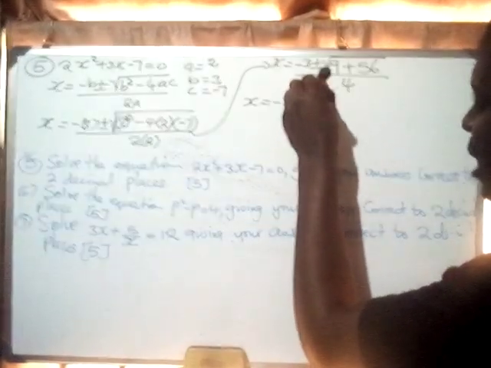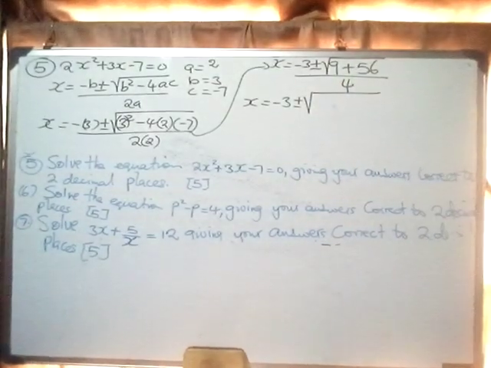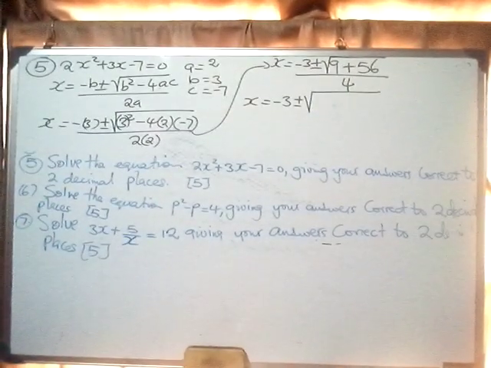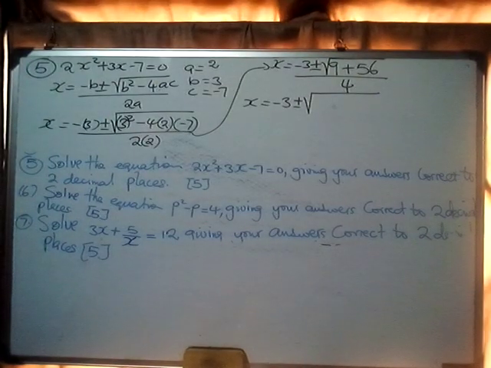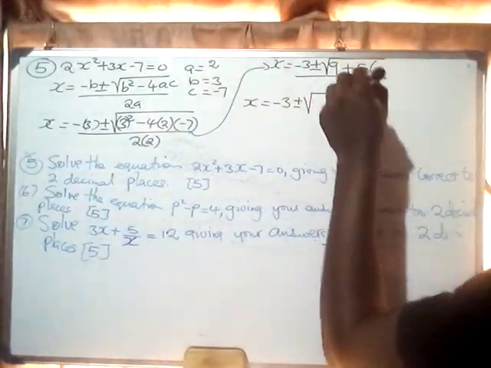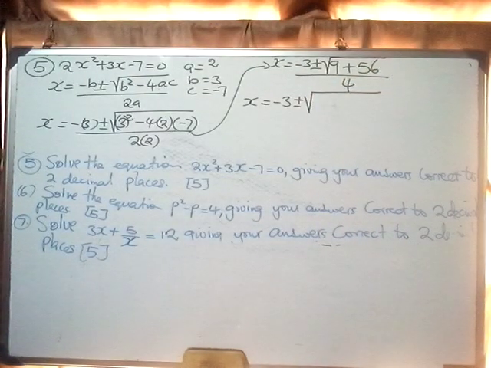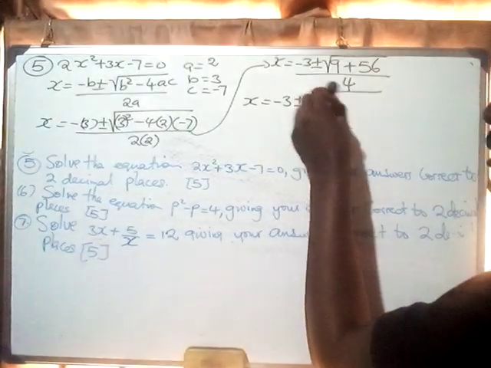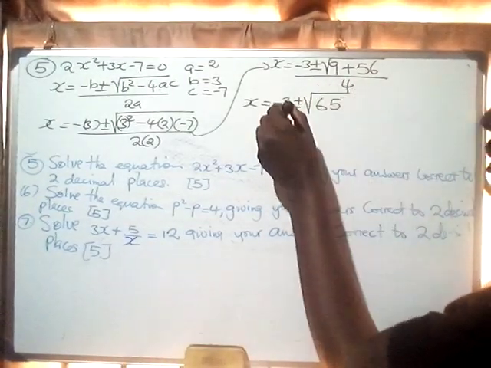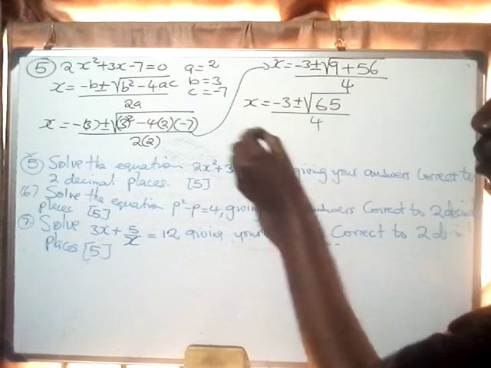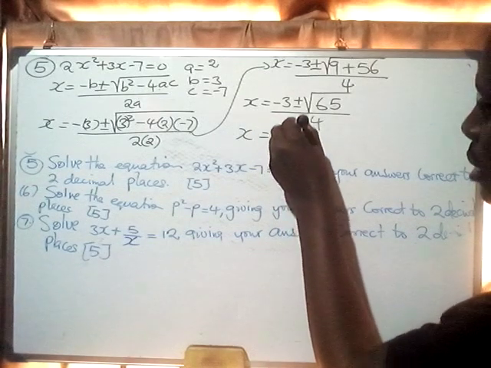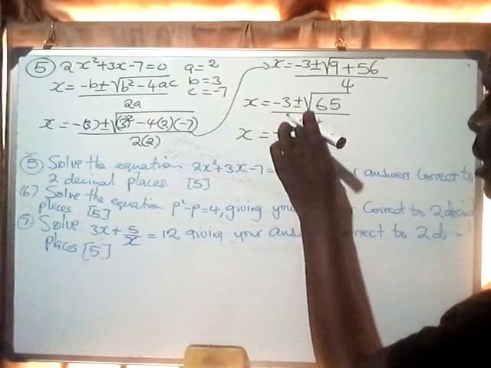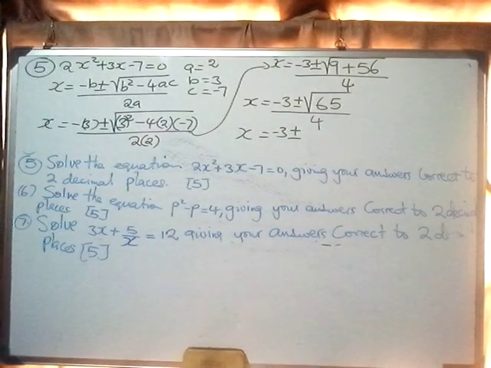So our next step, x is equal to -3 plus or minus the root of 9 plus 56. 9 plus 56, the answer we get is 65. So 65 over 4. So x is equal to -3 plus or minus the root of 65.